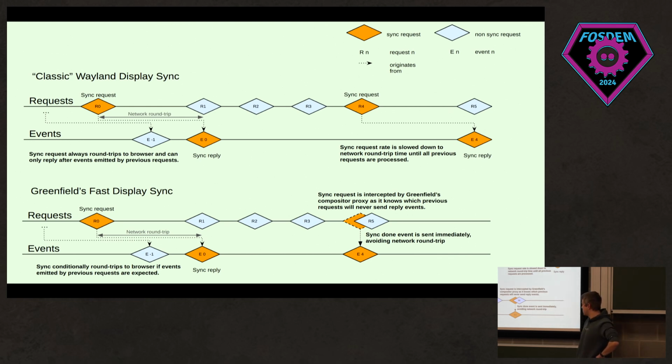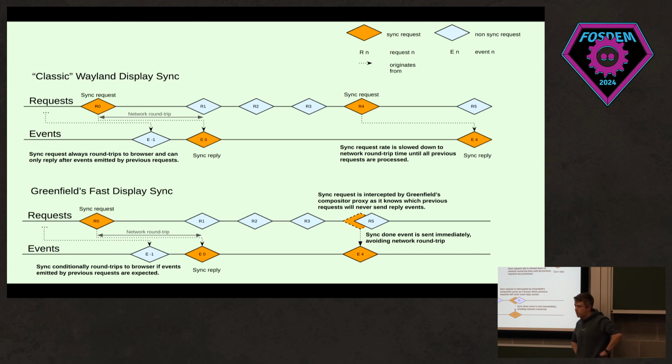And as soon as it receives a sync request, it will look at all the previous requests and see, hey, none of them is going to send a reply. So you know what, I'm just going to send the done event immediately, and I'm not going to wait for the compositor to send a done event back. And that basically circumvents the whole network round-trip problem.